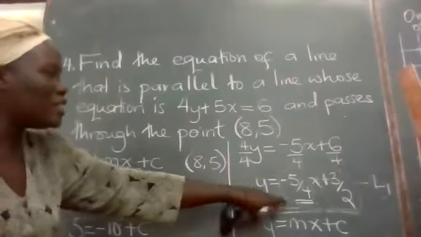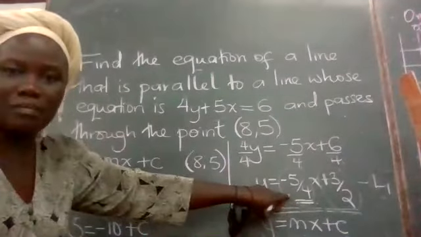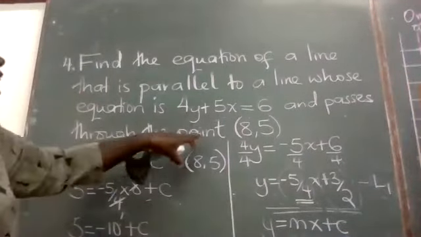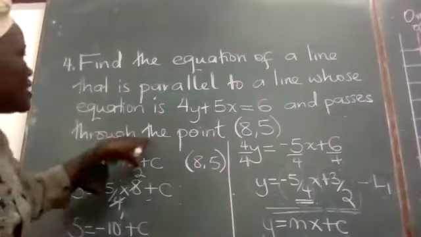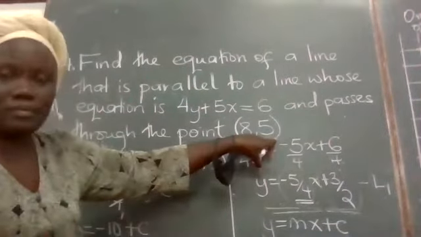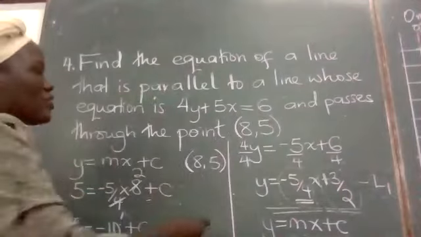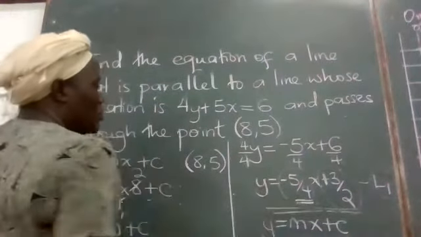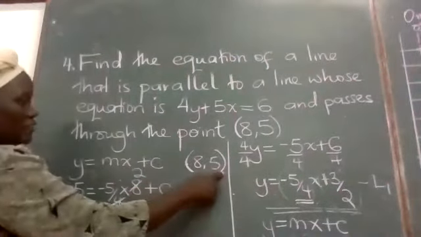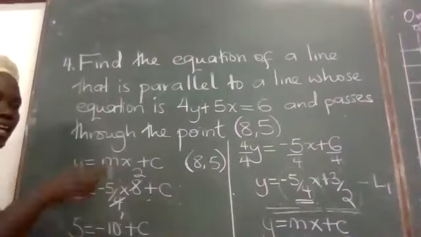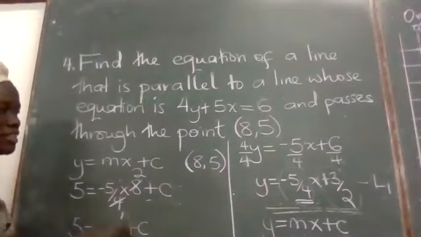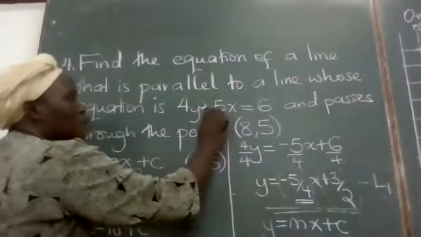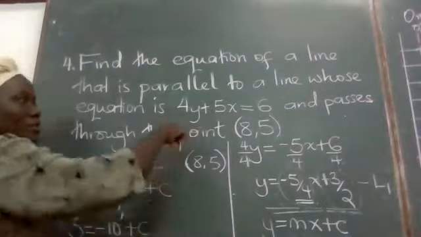So their connection is the gradient and it must be the same. But I'm told that the other line I'm supposed to find passes through the point (8, 5). So I have its gradient as negative 5 over 4, and it passes through (8, 5). So I need to find the new line. Karen and the rest, the 3 over 2 is the C for this line that was already given. I simply rearrange.